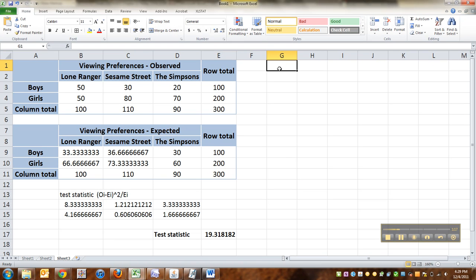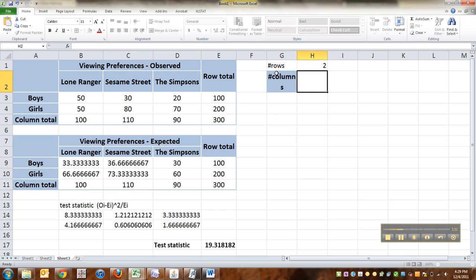Okay, so the number of rows I have is equal to 2, right? There's the boy row and the girl row. The total row doesn't count, right? Then the number of columns I have is 3 because there are 3 different classes.